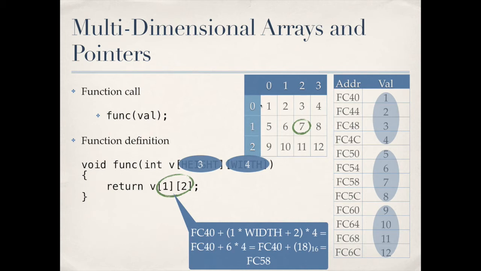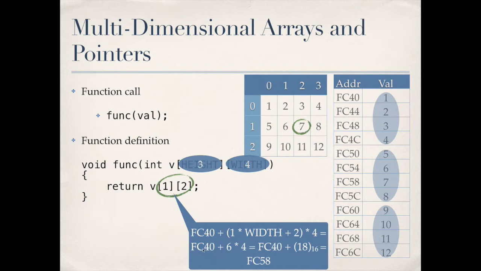So we say we have to skip one row. This means 1 times width, meaning 1 times 4, and then we add the column number we want to access here, plus 2. And of course, since we again have 4-byte values here, we multiply everything times 4.